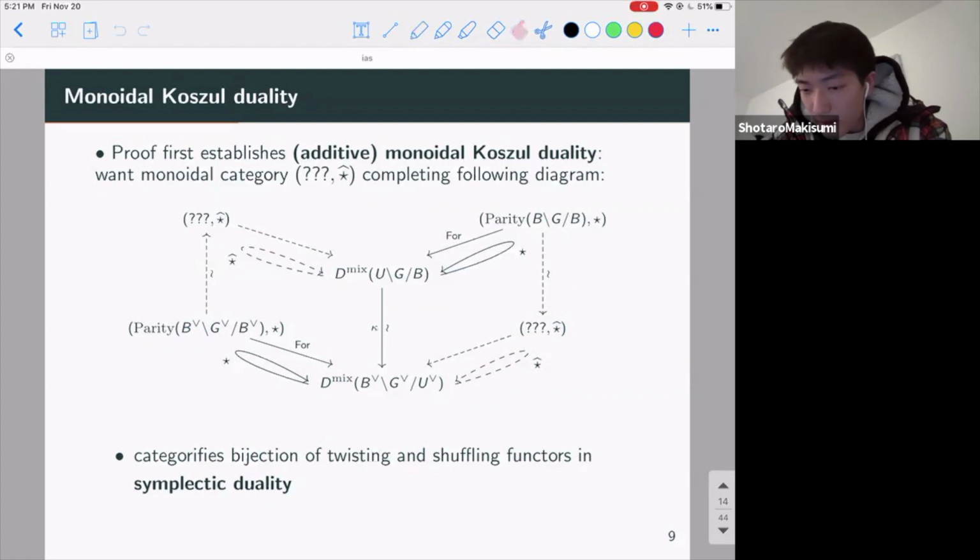And this equivalence, if you care about symplectic duality, this categorifies the bijection of twisting and shuffling functors.